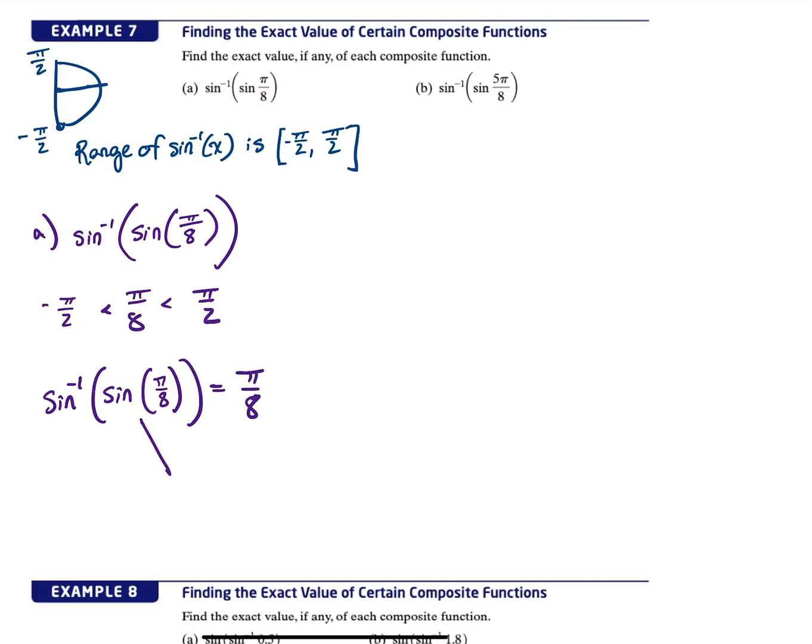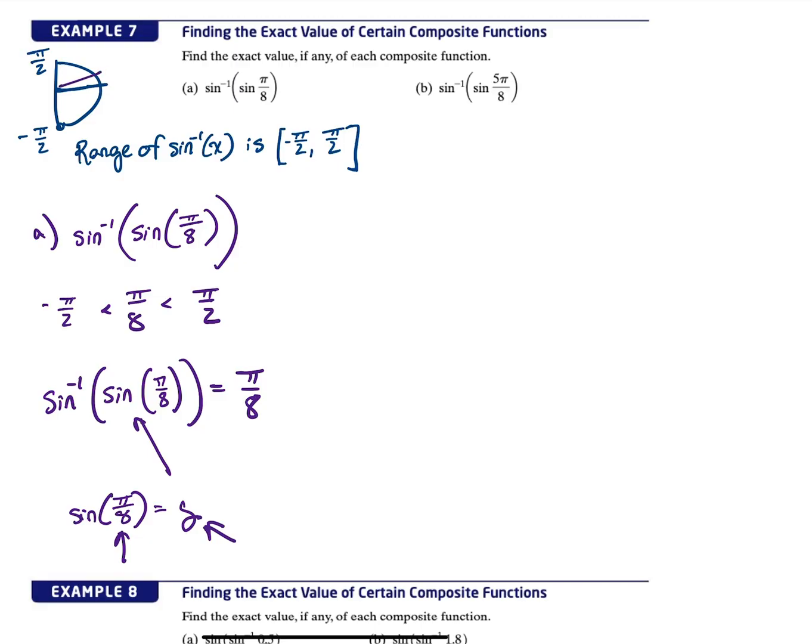Because the sine of pi over 8 will give you some value. And then when I take the inverse sine of this value, it will just give me an angle back. And that angle, we've confirmed, is within the range of the inverse sine function.